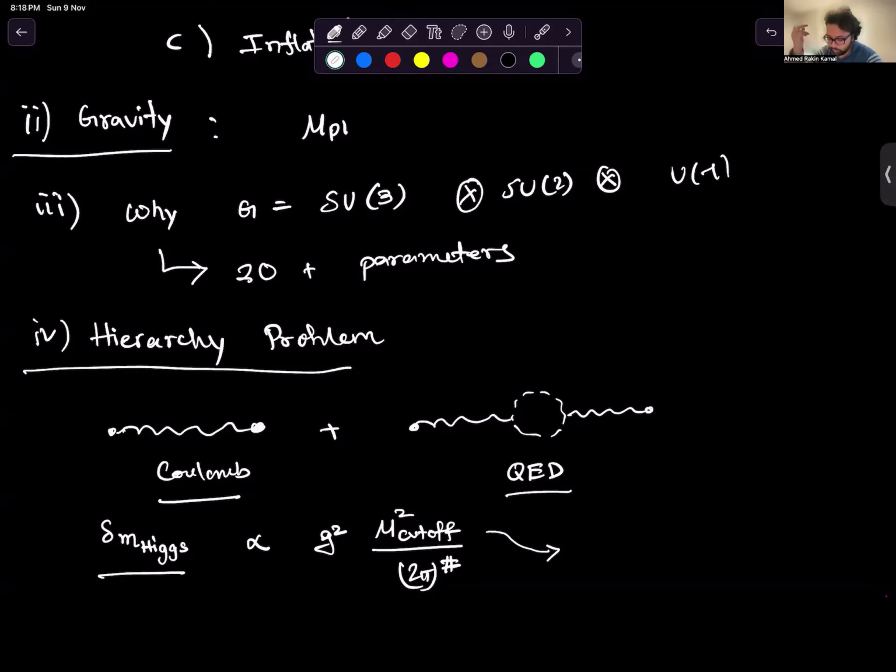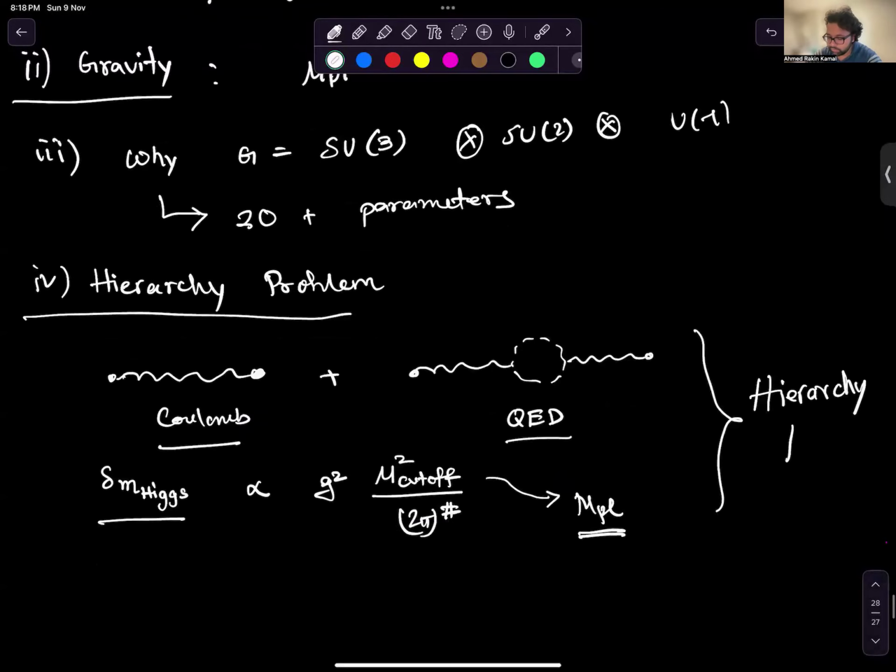And this is a problem because how can the correction to something be bigger than the quantity itself? If this is M Planck, the correction would be absolutely huge. This is called the hierarchy problem, or a more general version of it, called the technical hierarchy problem.